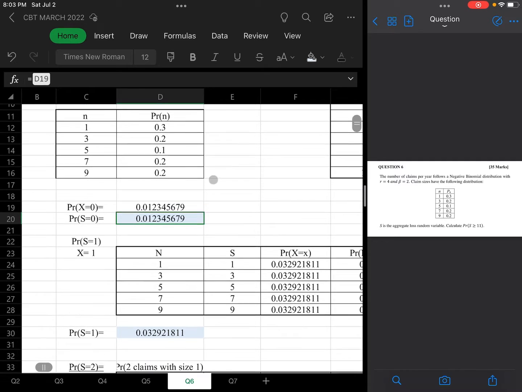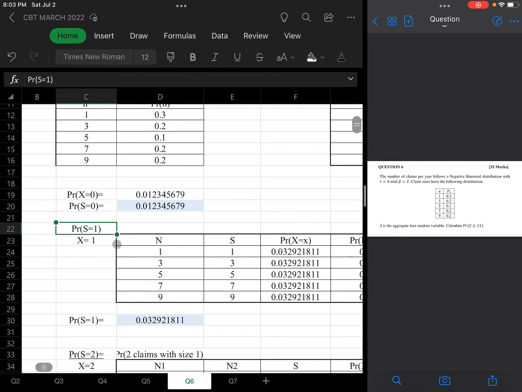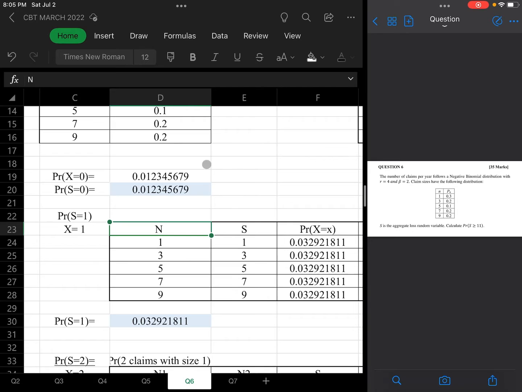Moving on to the probability of s equals 1. The probability of s equals 1 basically means the probability of one claim with claim size 1. So x here is equal to 1 and n can take the values of 1, 3, 5, 7, 9. So the value of s can be just 1, 3, 5, 7, 9.